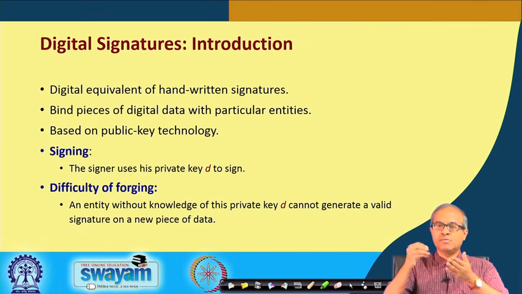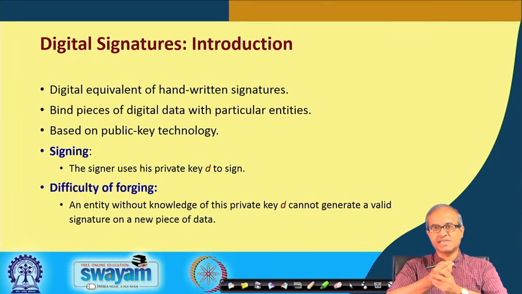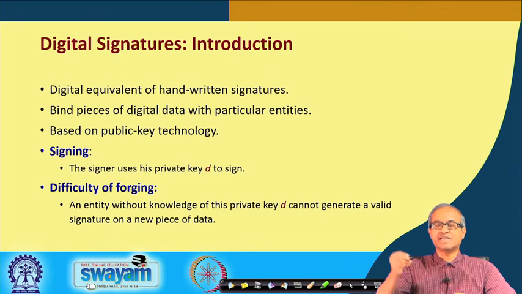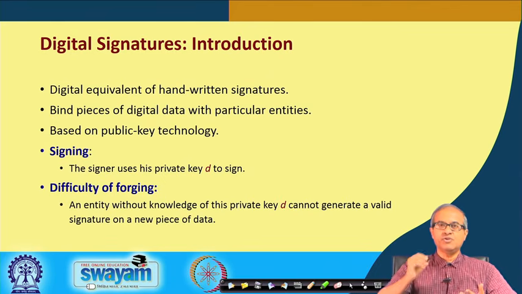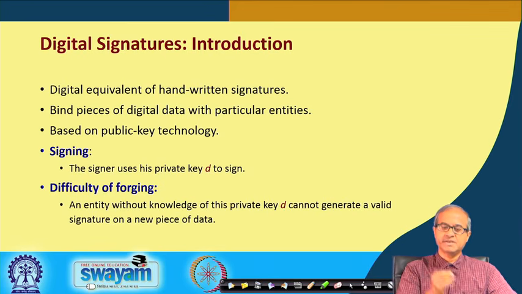Well, you know what is meant by pen signatures. Say in a letter we sign, because the signature of every person is unique, that is the underlying assumption, we assume that it is unforgeable, it cannot be forged, that is the so-called handwritten signature.